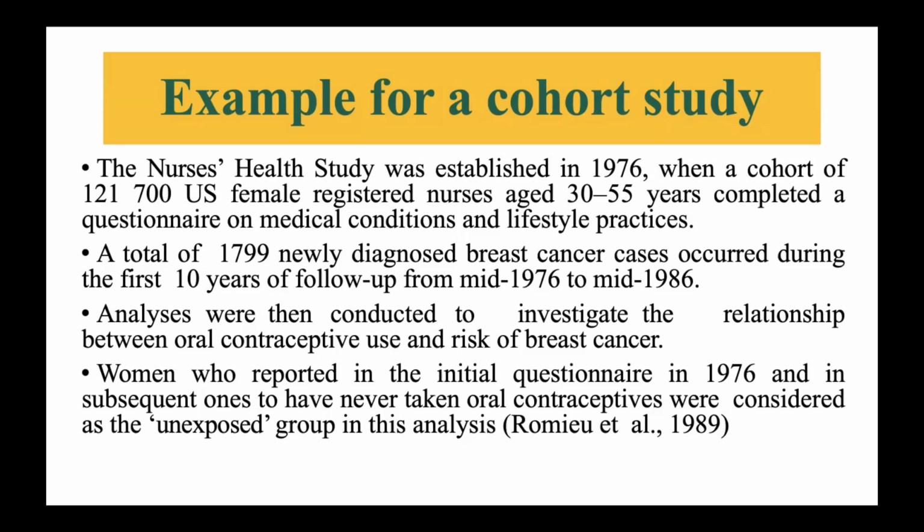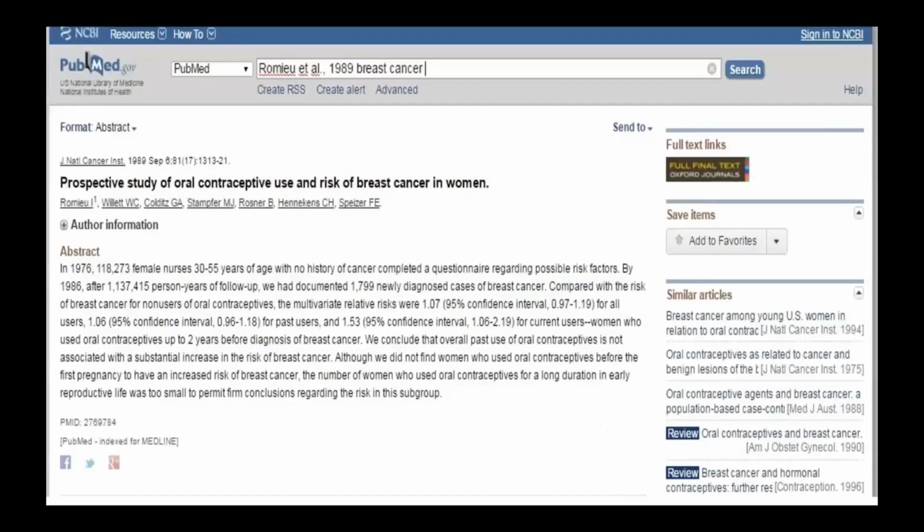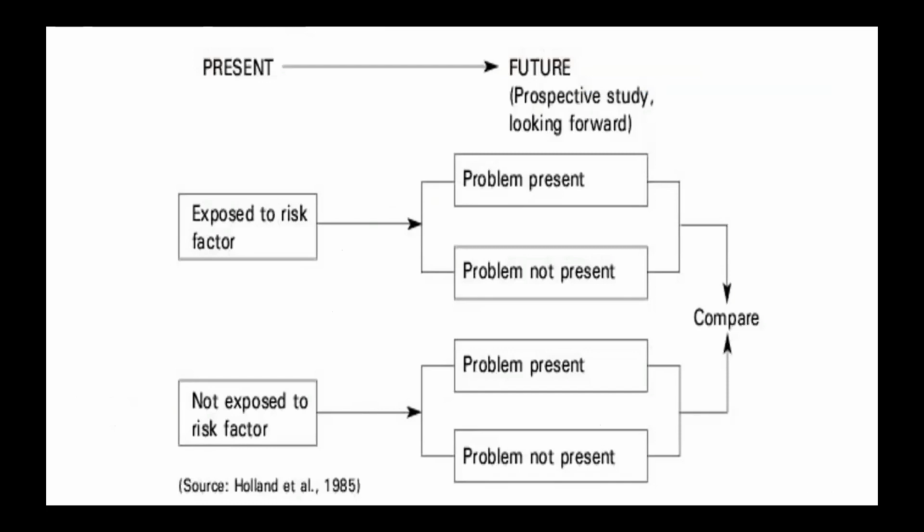In this, there are two groups: one is the exposed group and the other is the unexposed group. So keeping in mind these two groups, we have to calculate the inference from this study. This is the study that was published.